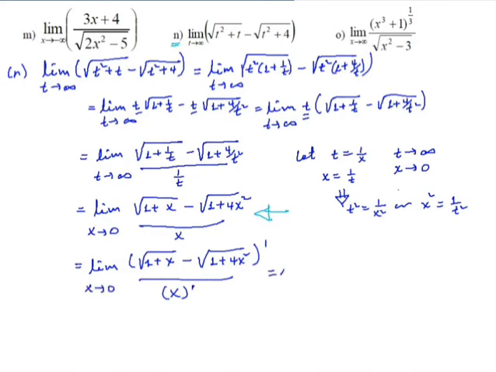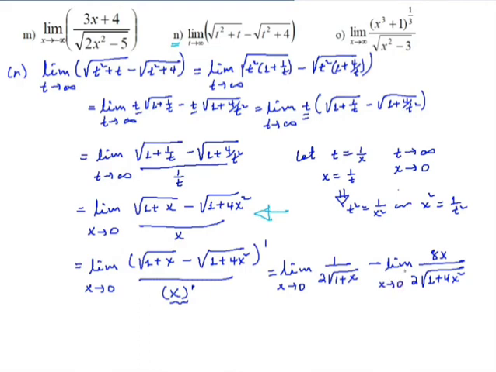This is equivalent to the limit of 1 over 2 radical 1 plus x as x approaches 0. This part is already 1. So minus the limit of 8x over 2 times radical 1 plus 4x square as x approaches 0.